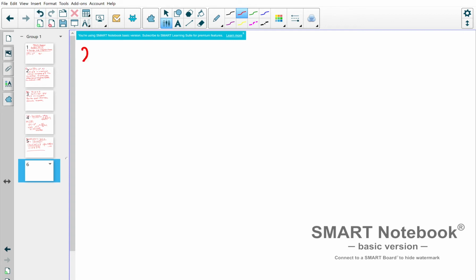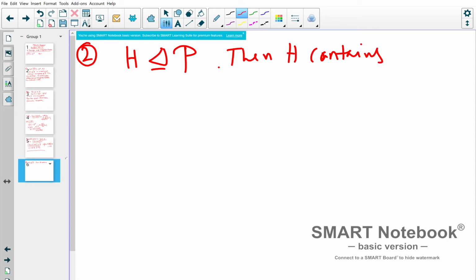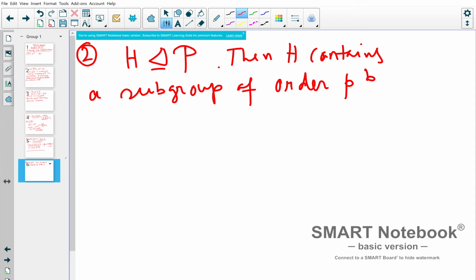Another important observation we should discuss, that is, suppose you have a normal subgroup, for example H is a normal subgroup of P, and then H contains a subgroup of order p power b, for every p power b that divides the order of the group H. Okay, so what does that mean?